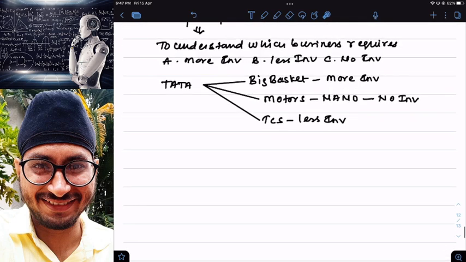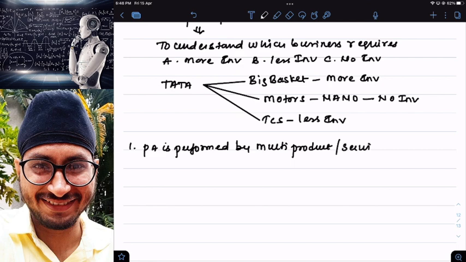But one more thing, sir, portfolio analysis is performed by a multi-product, multi-service or multi-business organization.